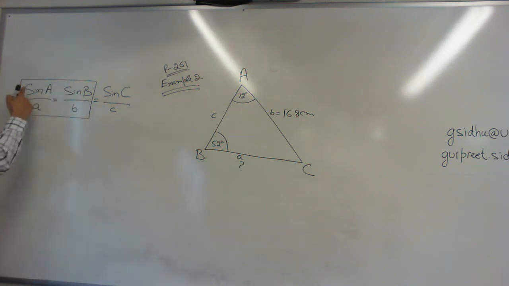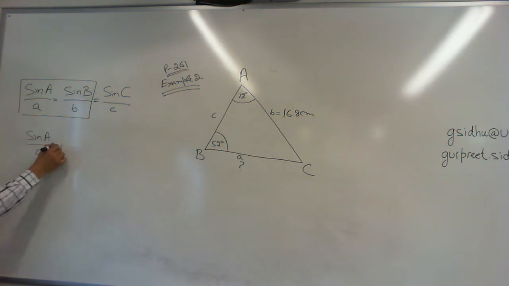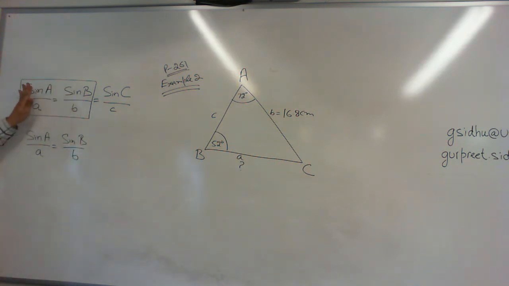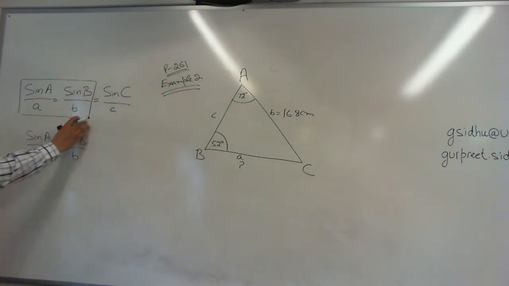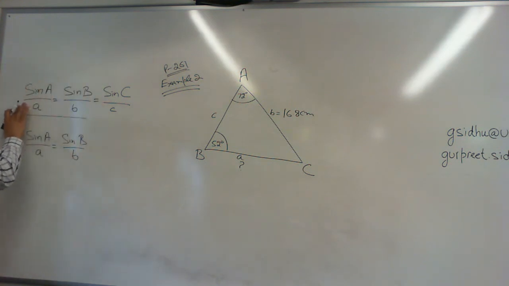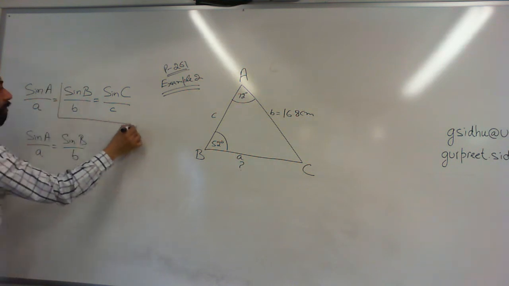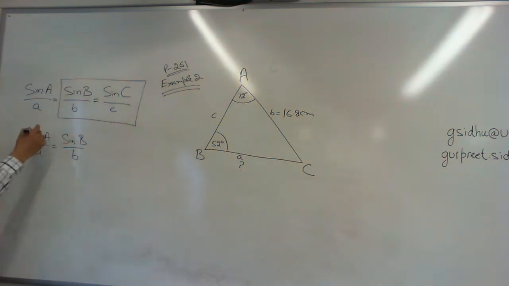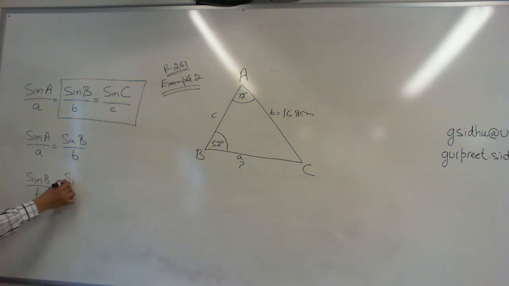So if you use these two ratios, the formula will be written as sine A over a is equal to sine B over b. If you are using the final two ratios, these two, then you will write the formula as sine B over b is equal to sine C over c. And there is yet another way to write this. What will that be?